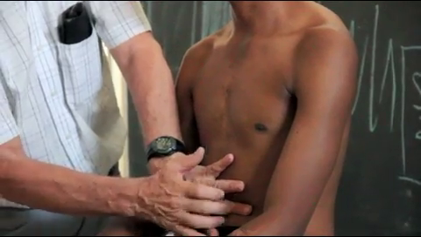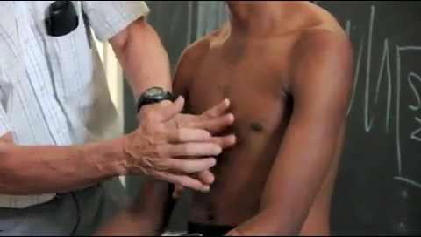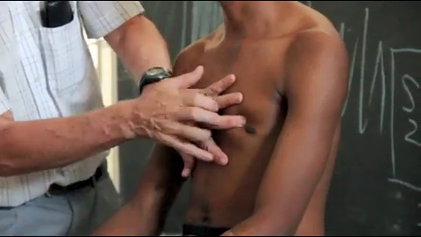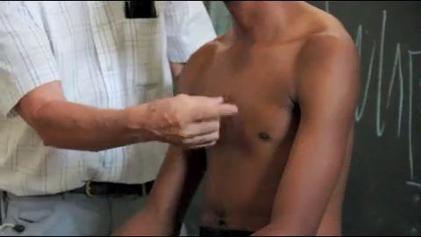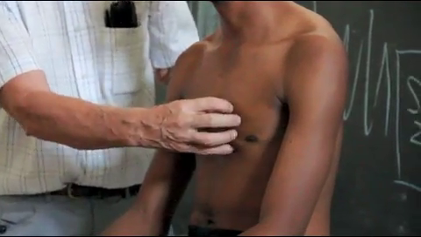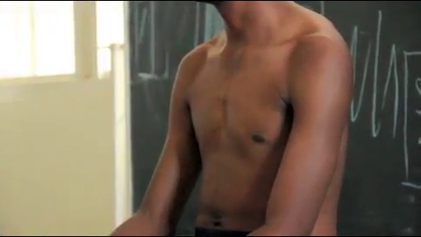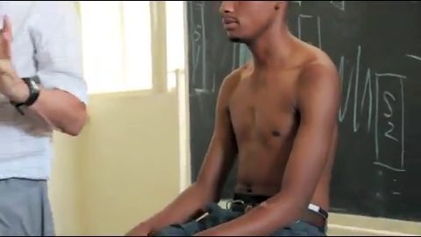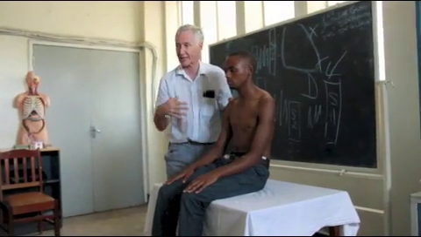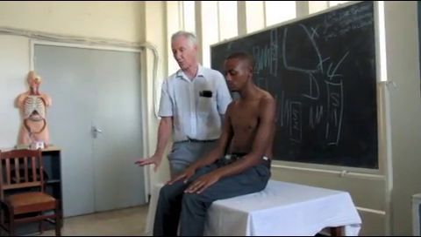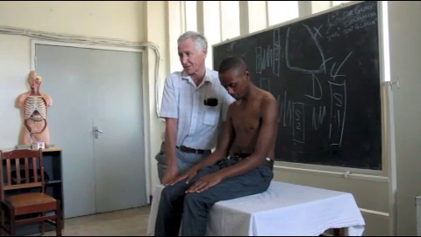If you listen, resonant. Now, in some respects, he will have a small area of dullness there that will underestimate the size of the heart. As I said, it's useful only when you suspect that there's massive cardiac enlargement and not routinely practiced. Now, I won't say any more about percussion.